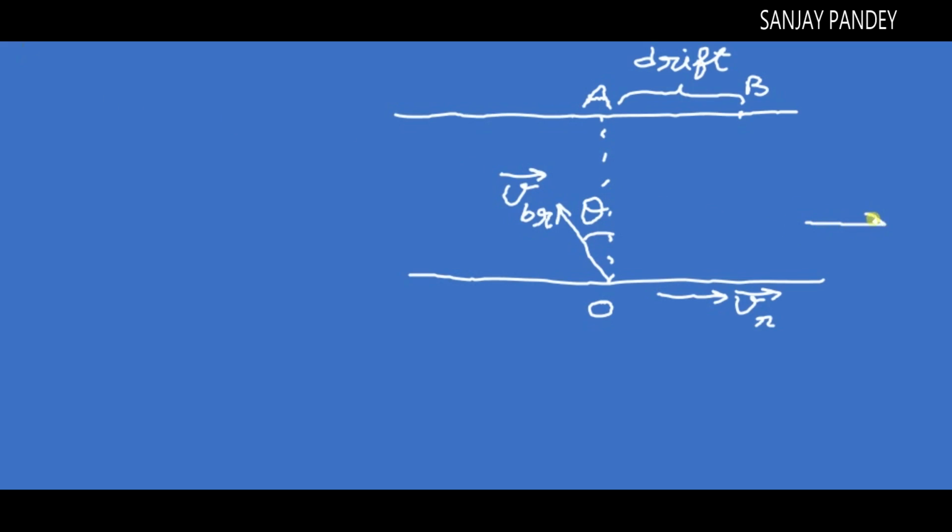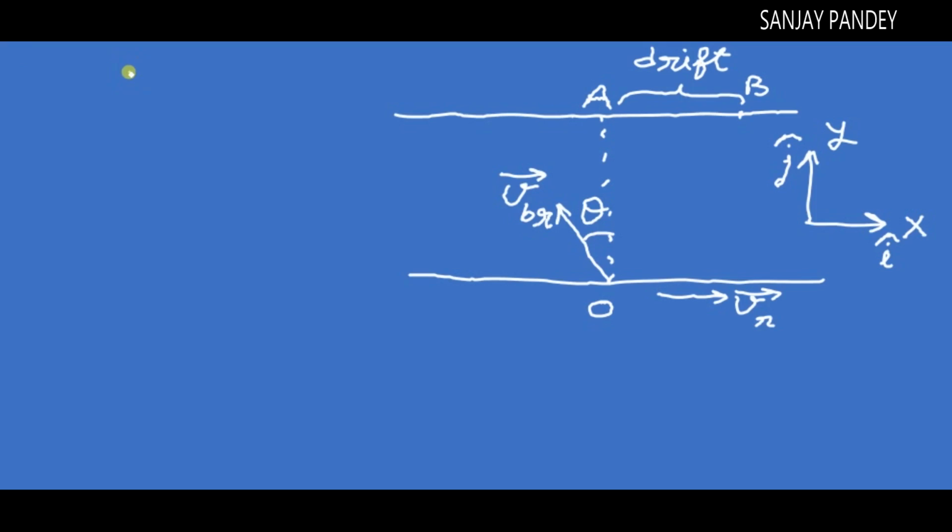This is the positive direction of the x-axis and this is the positive direction of the y-axis. Let the unit vector along the x-axis be i cap and along the y-axis be j cap.